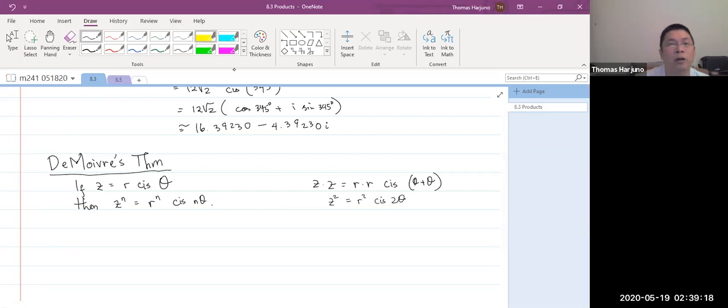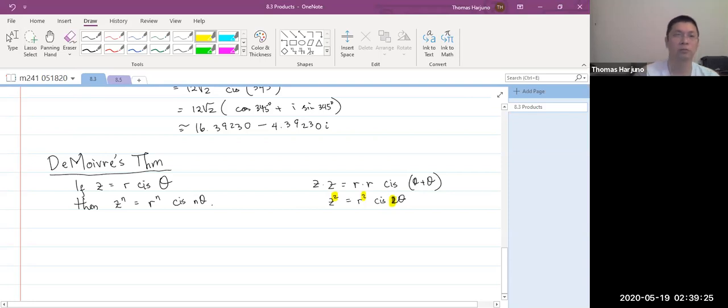With the power of 2, you square the radius, but you double the angle. If you have a complex number with r and theta, then for z to the n, you do the exponent for the radius, but as for the argument, you multiply by n.